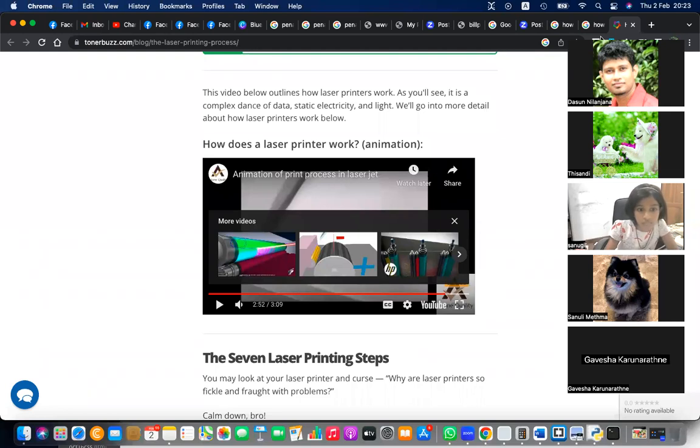Okay, is there any other usage other than that? Another usage is static electricity. What are the other usages?